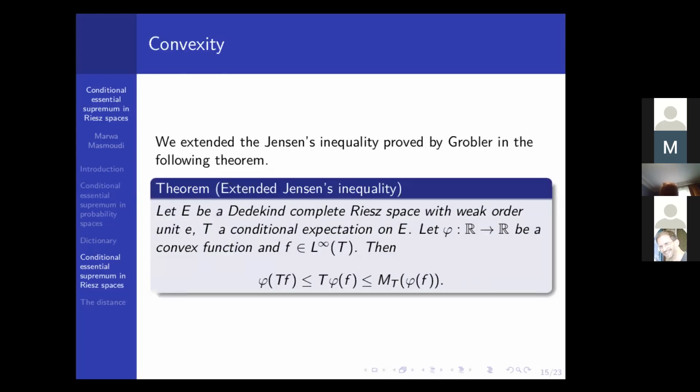Another question of interest is the link between convexity and conditional supremum. We extended the Jensen's inequality proved by Grobler in the following theorem.